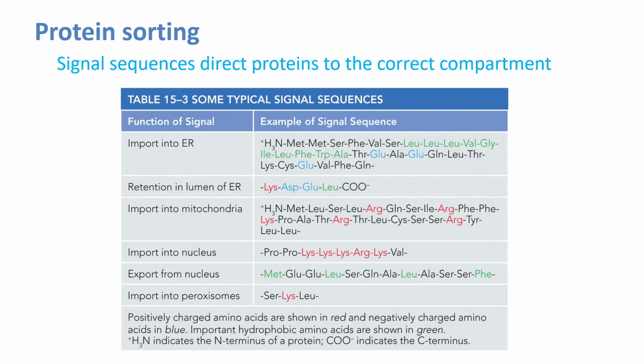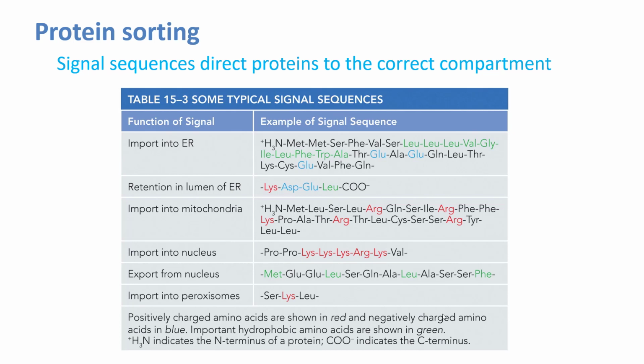So we can see here examples of those signal sequences that are specific for the target of that protein, their cellular location. So what they are is short sequences of amino acids that are at the N-terminus of the protein, so the start of the protein. And they can be characteristic for different locations that they're directing the protein to.